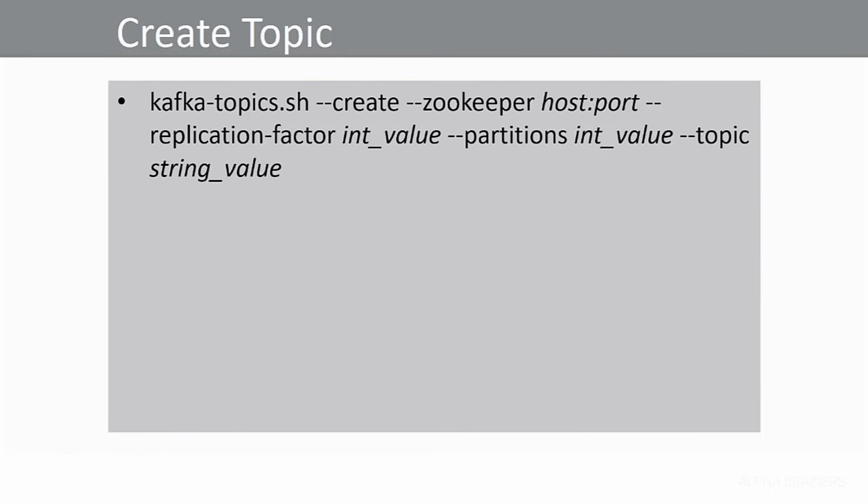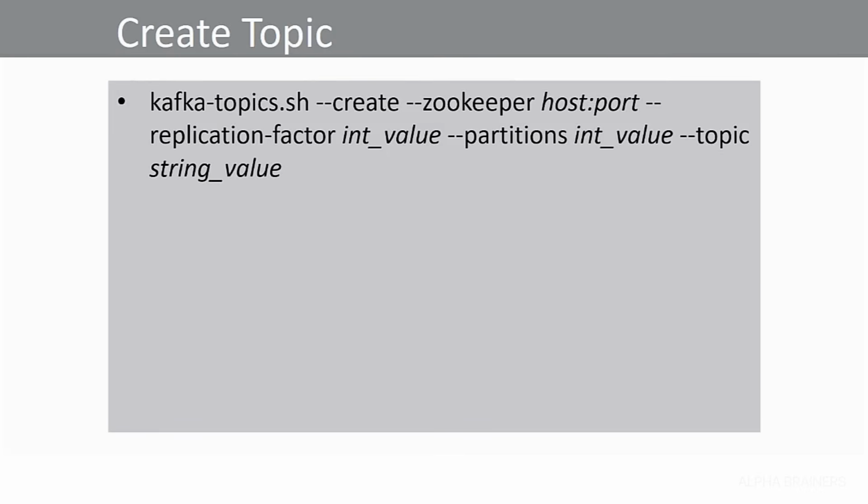So we're going to use the kafka-topics.sh script to create a topic. Use the --create option. And for all the times that you're going to manipulate topics, you're going to have to use --zookeeper and then provide the host or IP address of the Zookeeper server, followed by a colon and the port number that Zookeeper is listening on. Then remember, when you create a topic, you have to specify a replication factor.